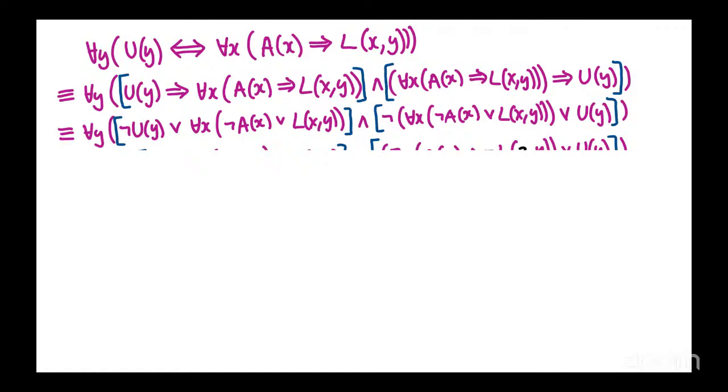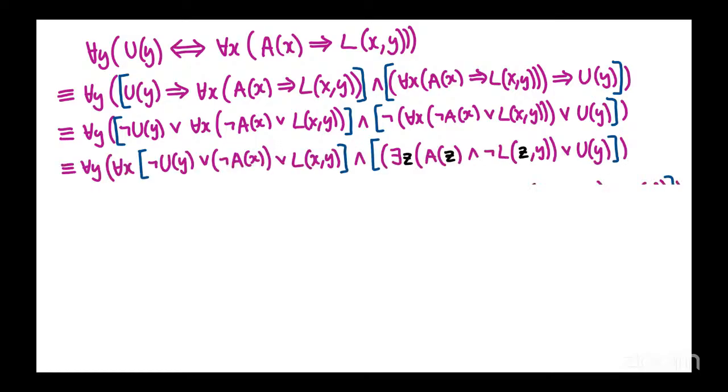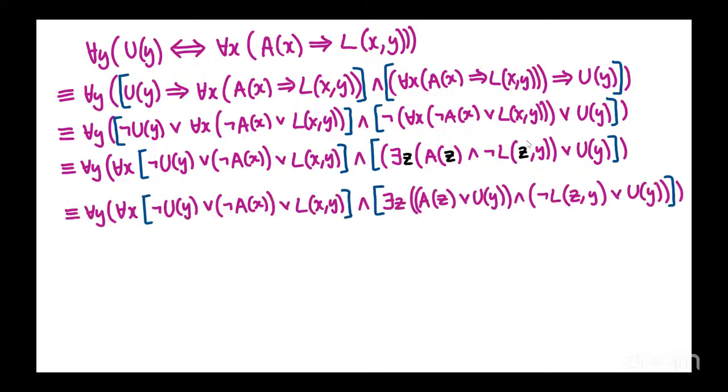So we turn it into not or, and then we need to bring through those negations. And what have I done here? I've just renamed this to be Z to be a bit clearer because we already have an X over there. So do a bit more rearranging.